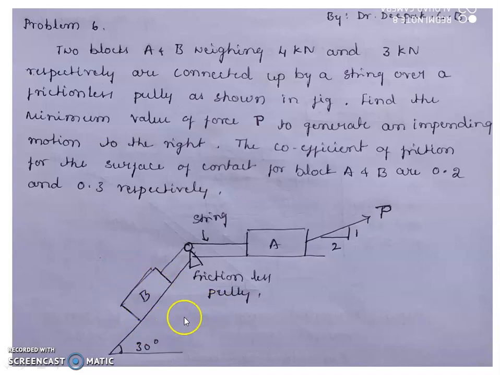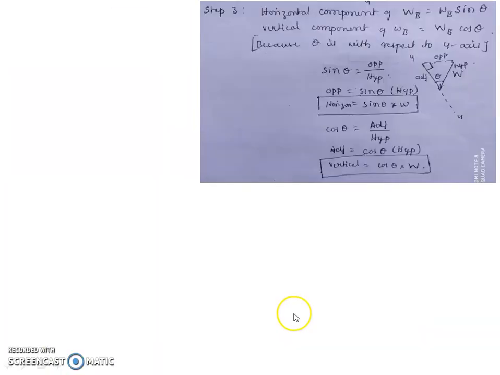Therefore, I will consider block B instead of block A. In block A, three forces are unknown and I have only two equilibrium equations. If I consider block B, two forces are unknown and equilibrium equations available are also two. Hence, it is easy to find unknown forces if I consider block B. Therefore, I will take block B first.